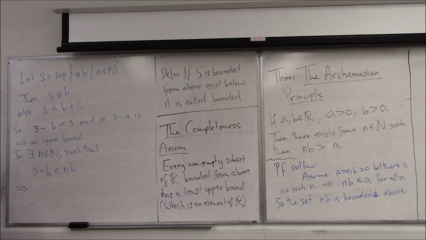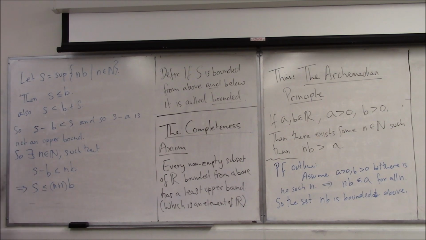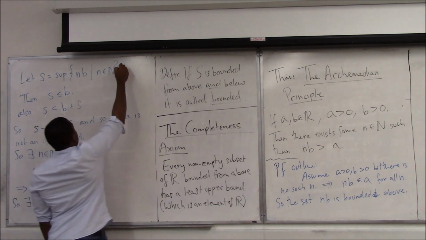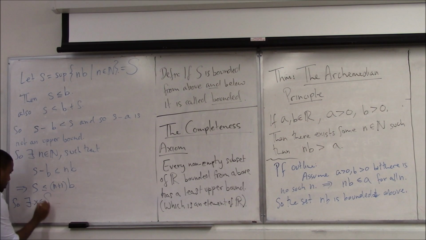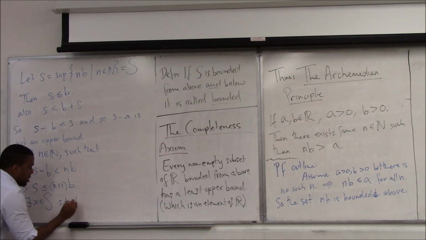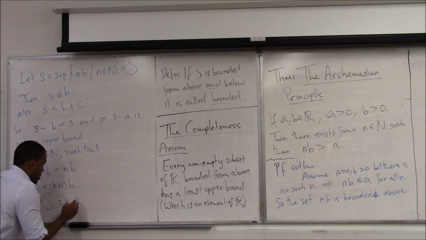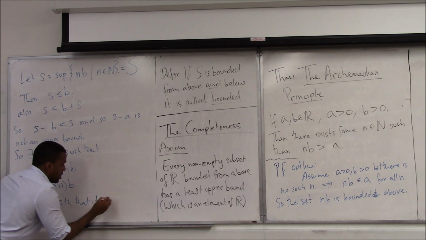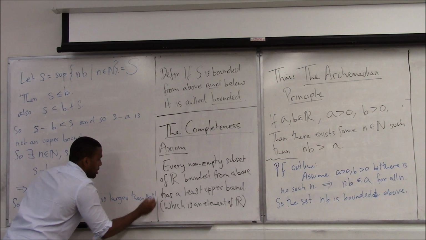And that would mean S is less than or equal to (n plus 1) times b. So there exists x in that set, let's call this big S, such that it is larger than the supremum. And that's a contradiction.